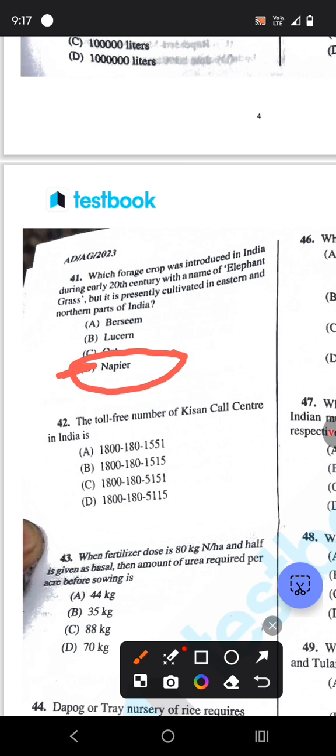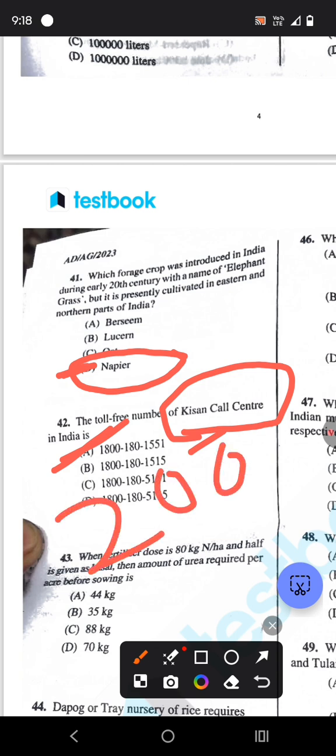Question number 42. The toll-free number of Kisan Call Center, KCC, is option number A, 1800 180 1551. Guys, KCC was established on 21 January 2004.